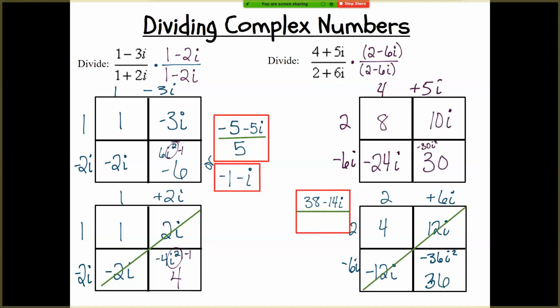So for my denominator, my 12i, my negative 12i cancel, leaving me with 40. And actually all these numbers are even, so I can go ahead and reduce them all. I can divide them all by 2, which gives me 19 minus 7i all over 20 as my simplified answer.